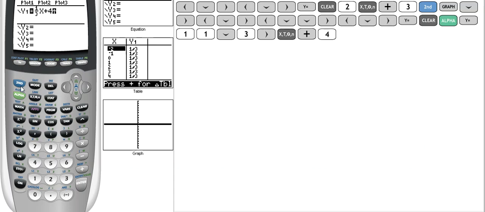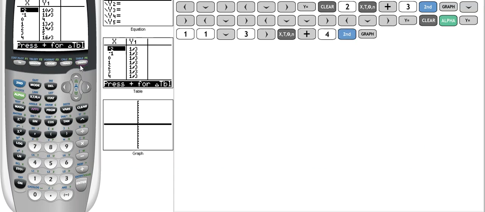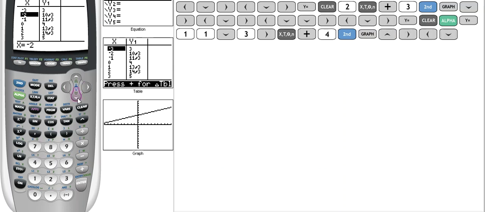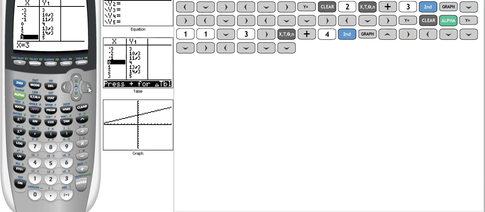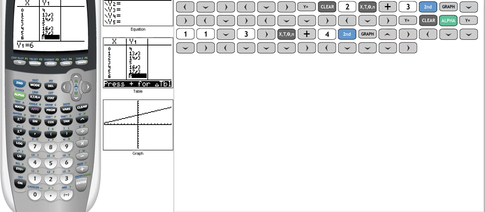And again, second graph to go to our table, and they want negative 3. So we're going to go up. Negative 3 is across from 3. 0 is across from 4. 3 is across from 5. And then 6 is across from 6. So let's go fill in our tables.